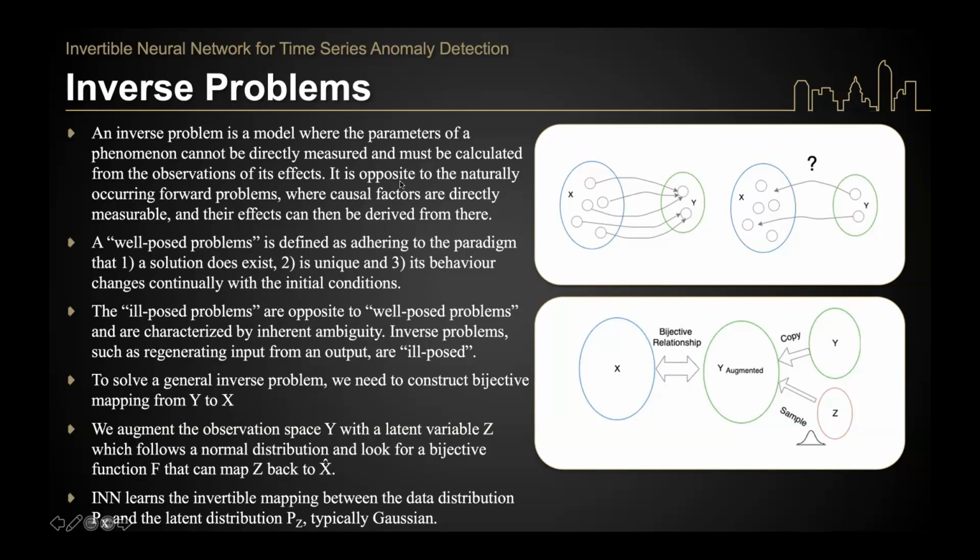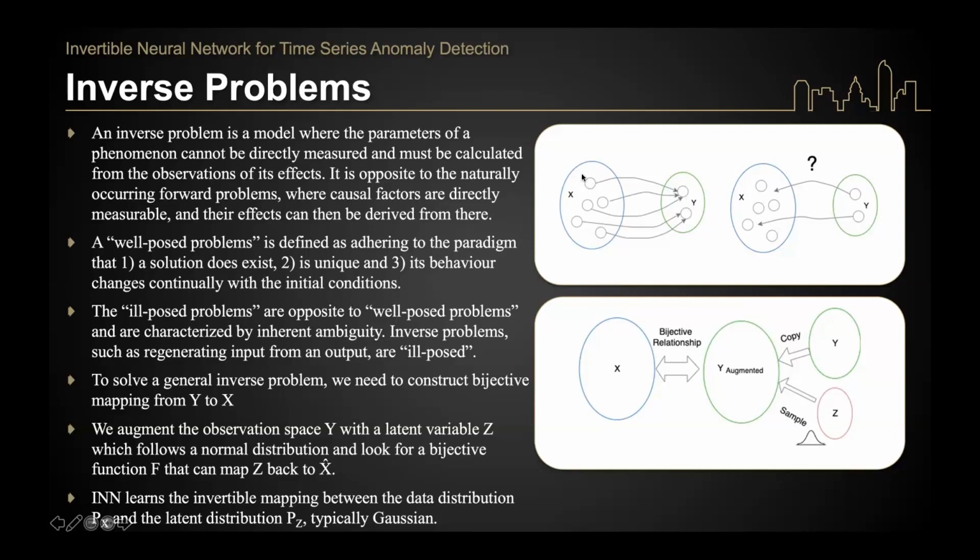An inverse problem is a problem where the parameters of some phenomenon cannot be directly measured, and they are just calculated based on some observations, and that typically causes issues because there's an inherent ambiguity in this.